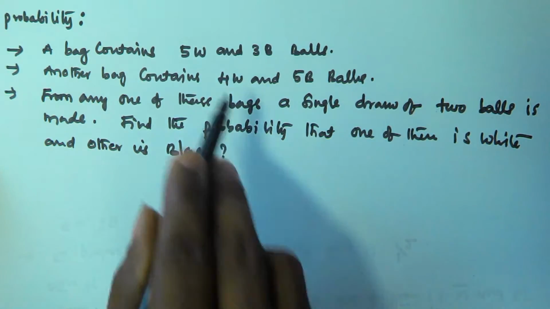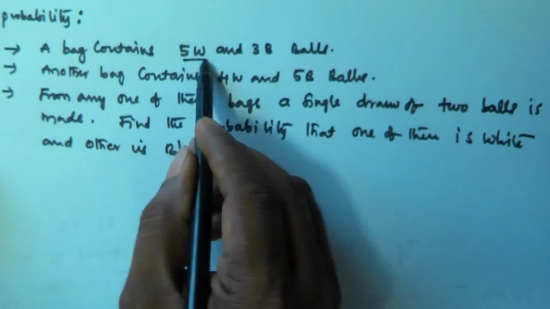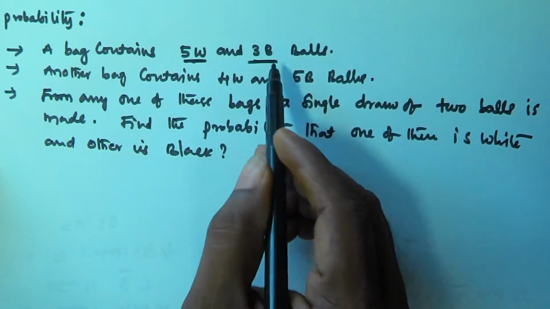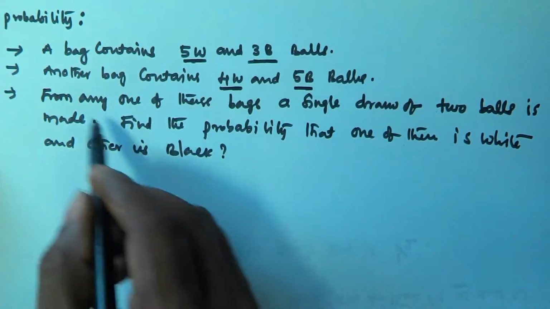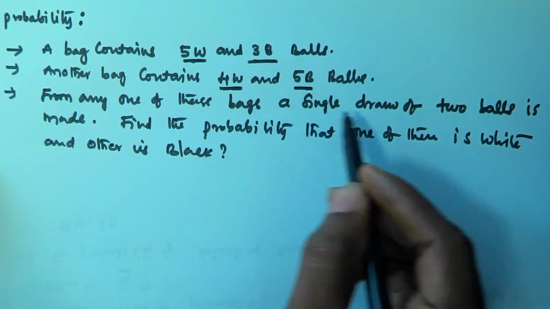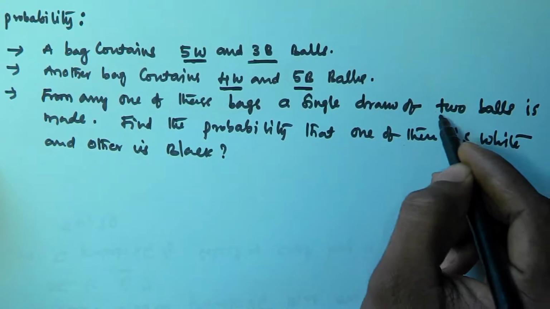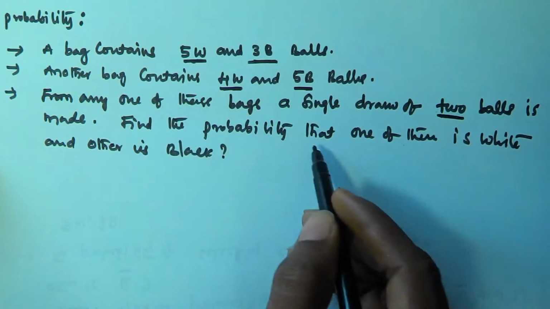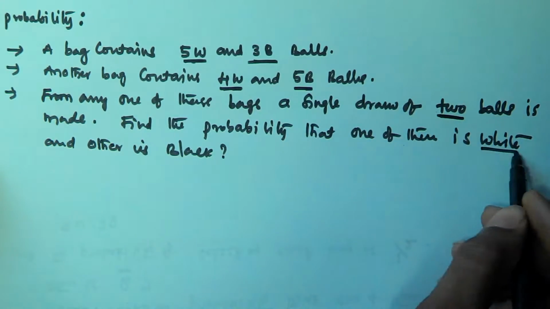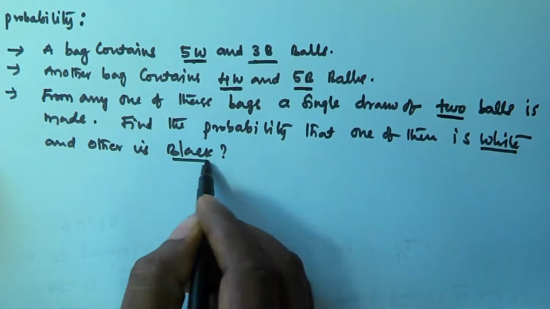So we have two bags. The first bag contains 5 white balls and 3 black balls, and the second bag contains 4 white balls and 5 black balls. From any one of these two bags, a single draw of two balls is made. So find the probability that one of them is white and the other is black.